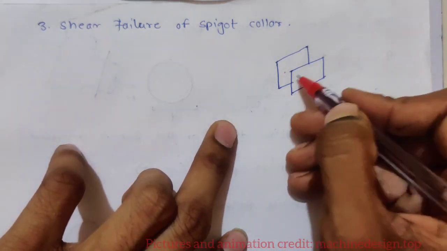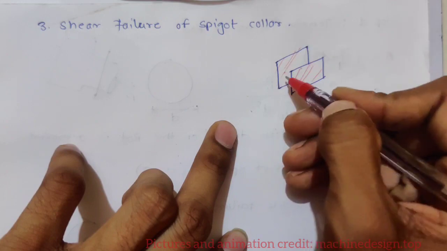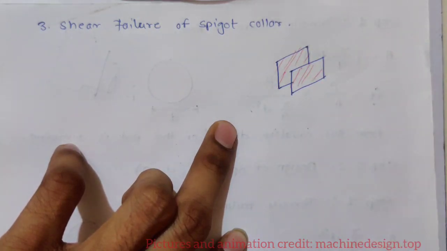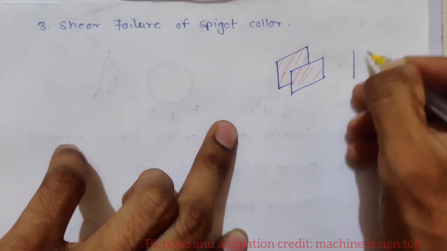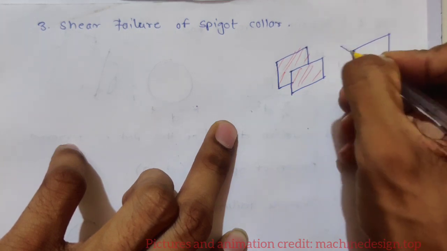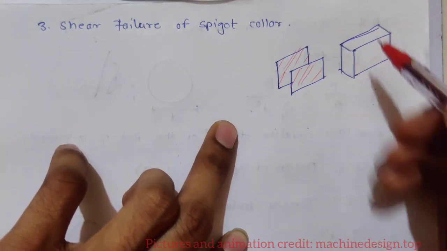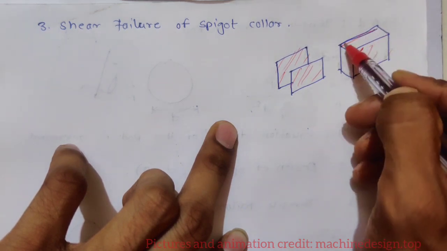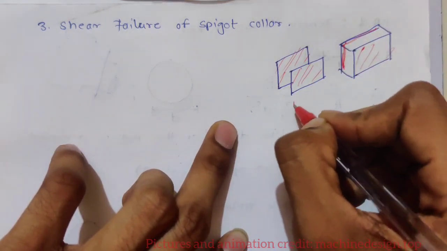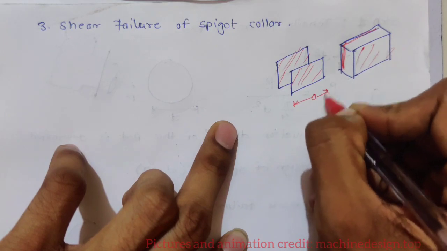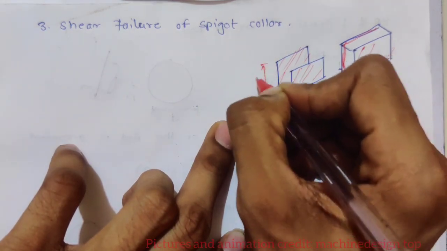So you will have two failure areas because we are having a whole strip over here like this. So this is the first failure area, and this behind is the second failure area. So this is A and this is D1.